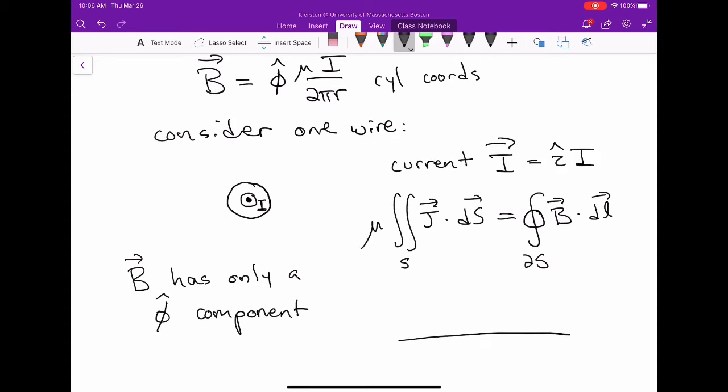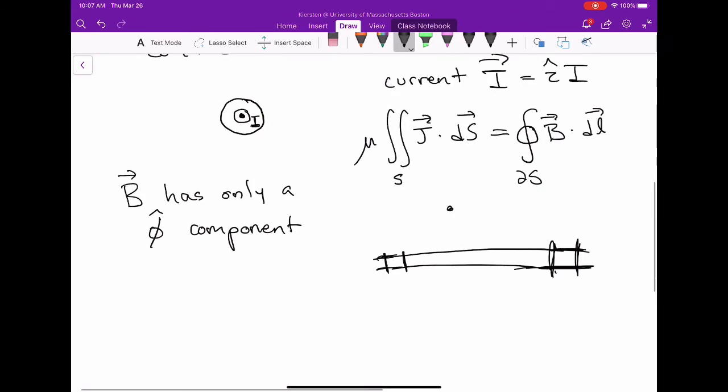So for instance, at this observation point, if we have a little current section over here, we can get a z-directed component for that magnetic field, then we end up choosing another equally oppositely located segment over here that would cancel it out. And you can always do that with an infinitely long wire. So we only have a phi component because that's the only one that doesn't cancel.